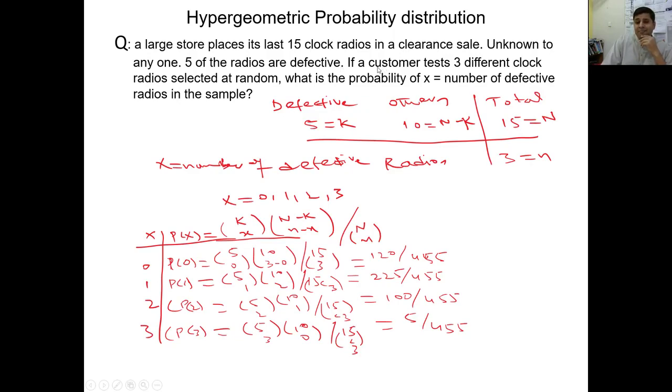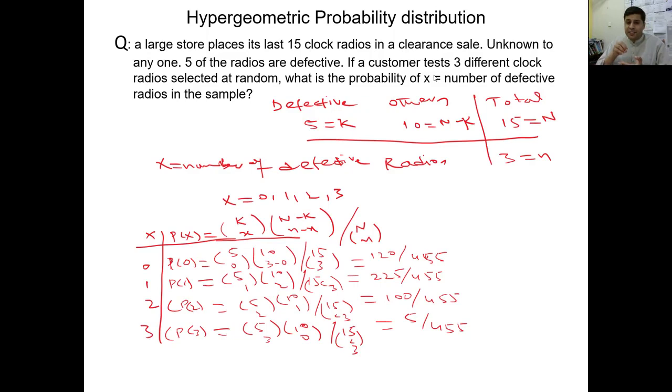the trial is without replacement. Why without replacement? Because when she chooses one radio from those 15, she will not put it back; she randomly selects and takes it. For example, when she takes one radio, the remaining radios are 14. So now she will take another radio.